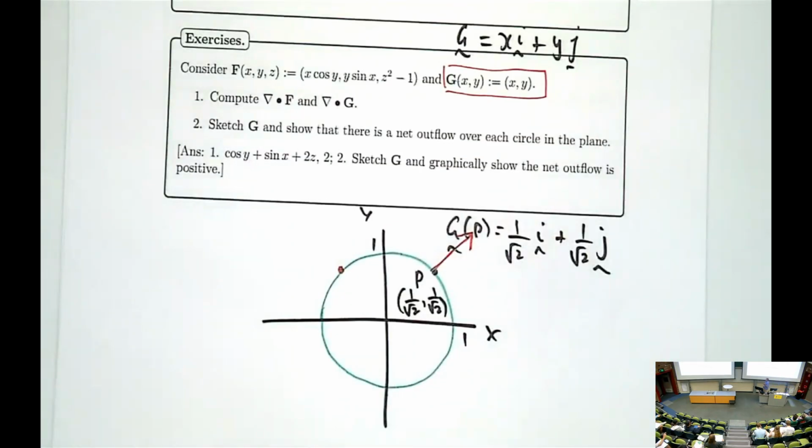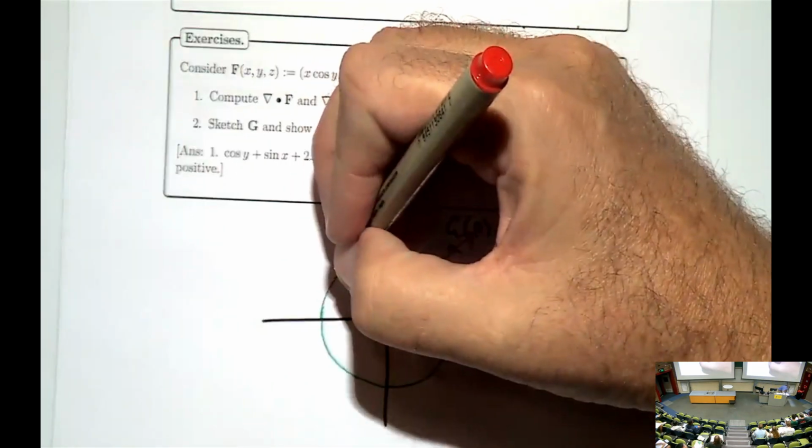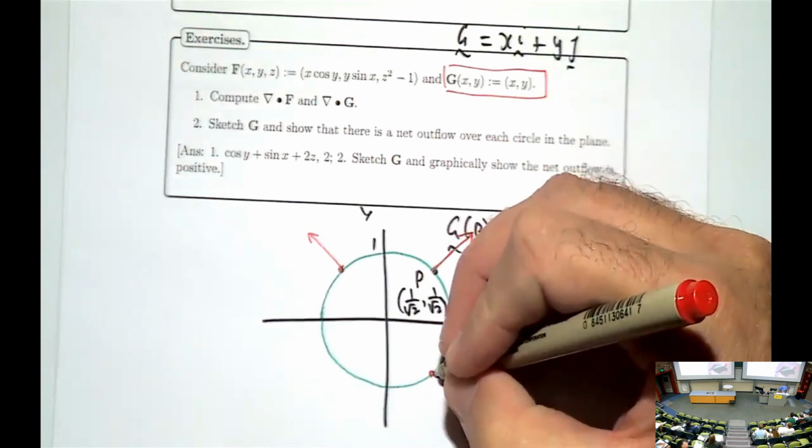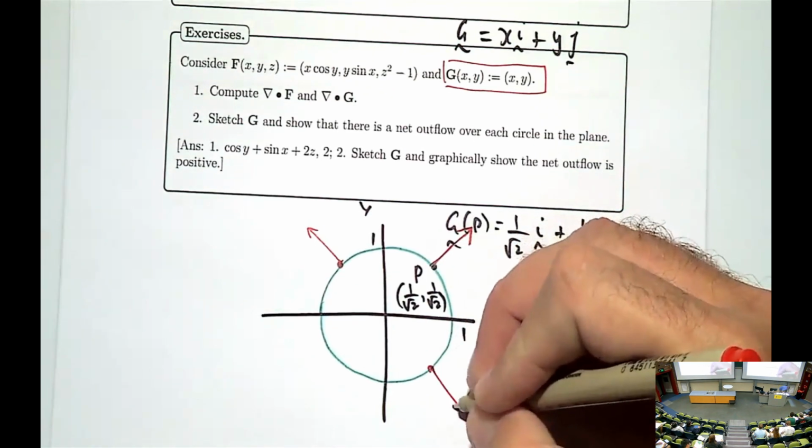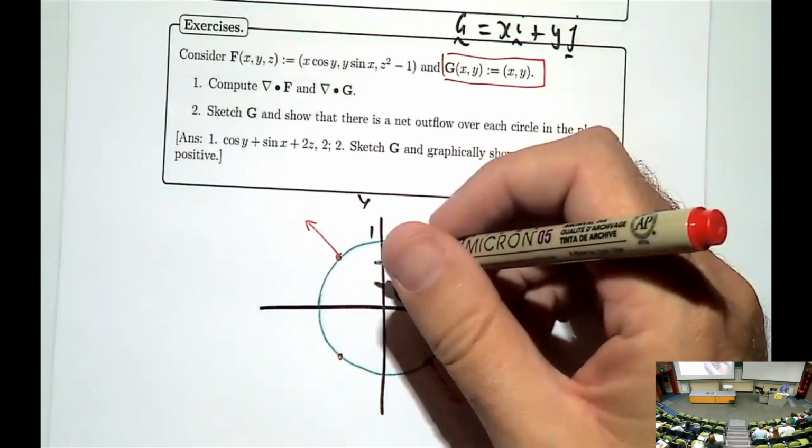Where's the vector for g going to be pointing there? Exactly, up there. Same length? What about down here?